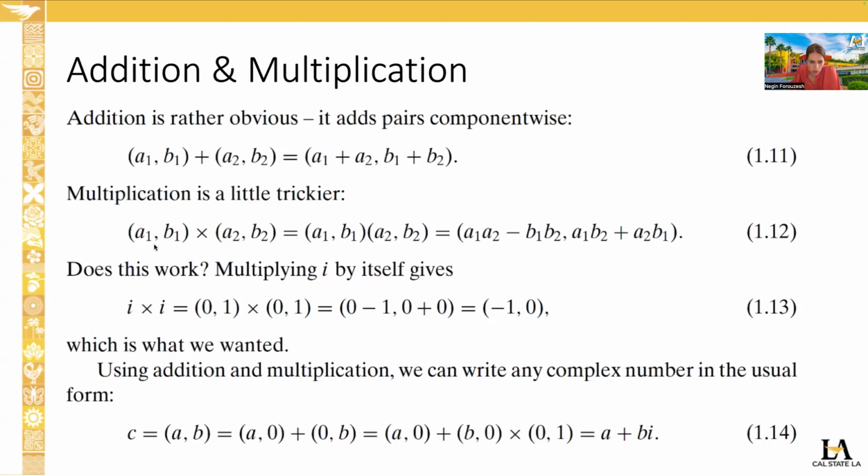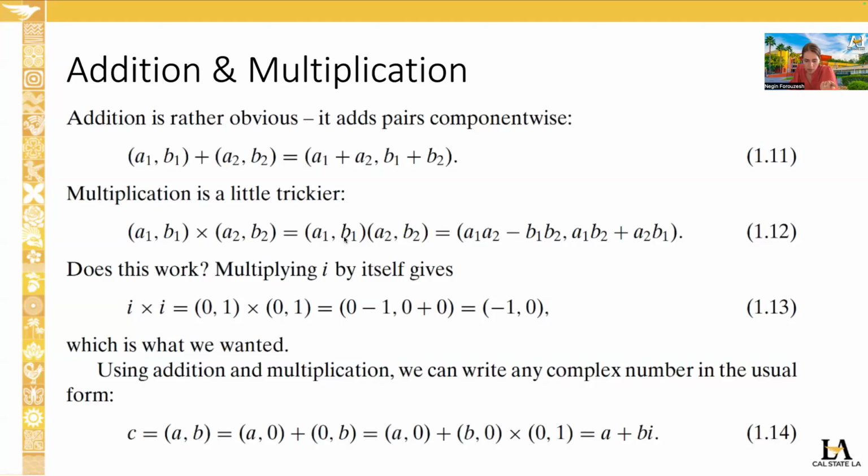In order to run this multiplication, you have A1 B1 times A2 B2. So you have A1 A2 and then A1 B2. But here you're dealing with an imaginary number, right? That's why you get to see that -1 in here.